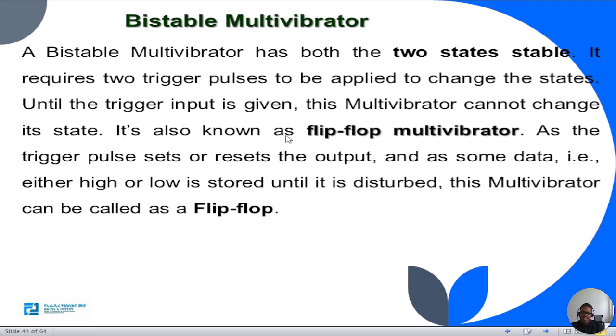It's also known as the flip-flop multivibrator. That is the second name of the bistable multivibrator. As the trigger pulse sets or resets the output, and some data, that means either high or low, is stored until it is disturbed, this multivibrator can be called a flip-flop.